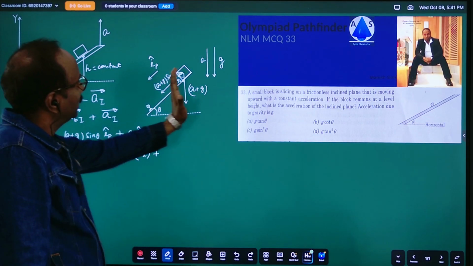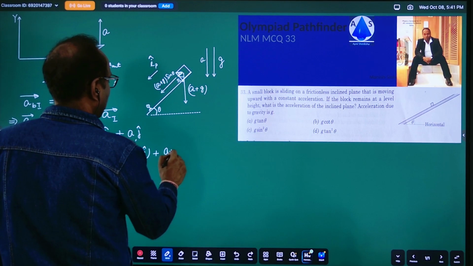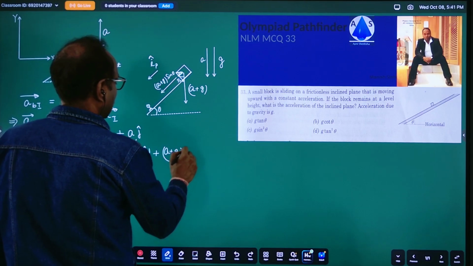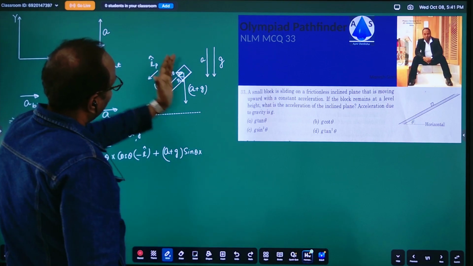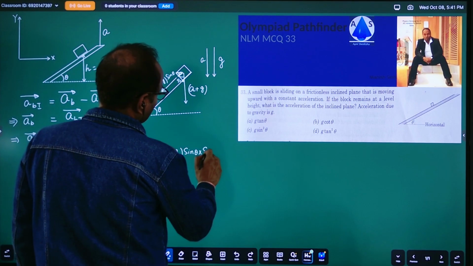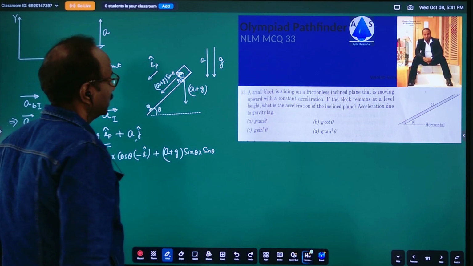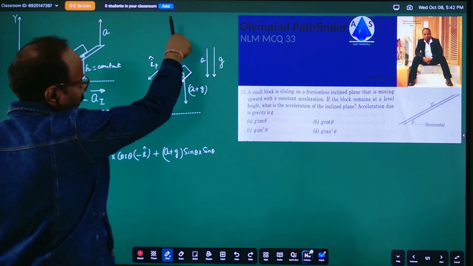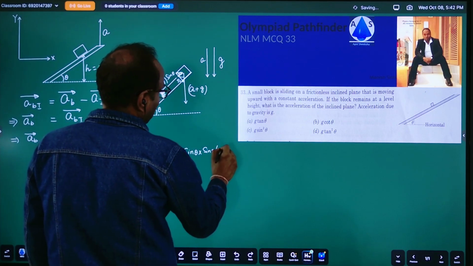Its component in the y direction is (a plus g) sine theta into sine theta, because cos of (90 minus theta) is sine theta, acting downward, so minus j cap.